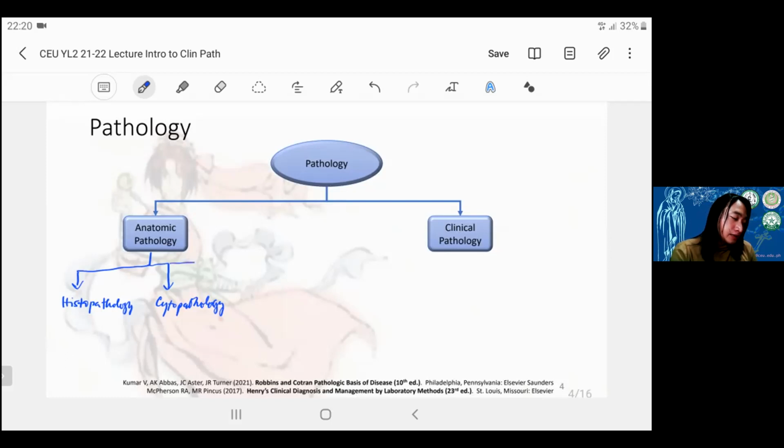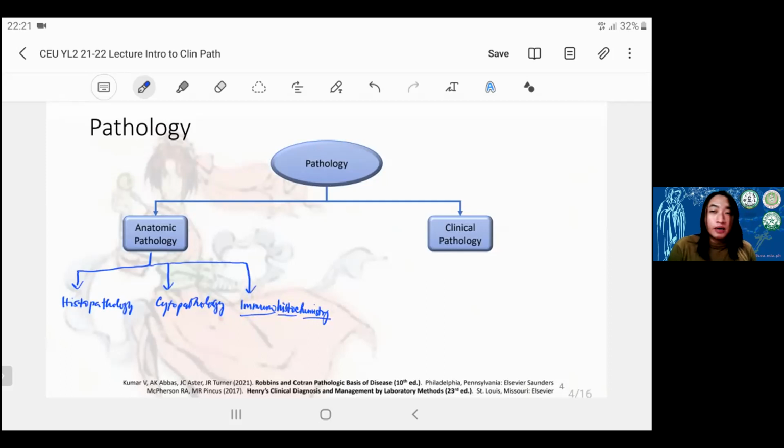And lastly, the branch of anatomic pathology is immunohistochemistry. So why is it called immunohistochemistry? Because we use antibodies that would bind to certain proteins or antigens of the tissues, and these antibodies are conjugated with chromophores.